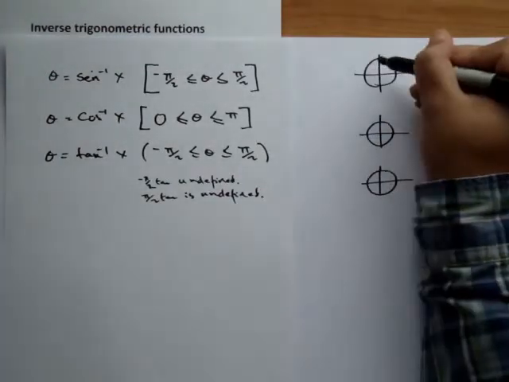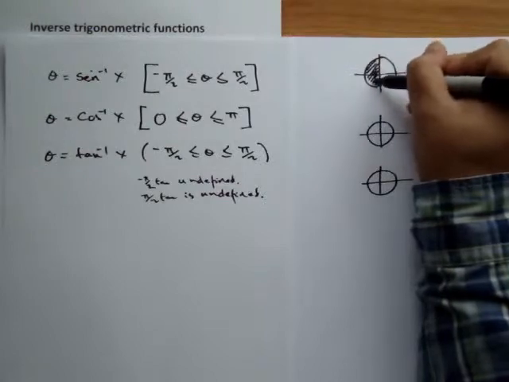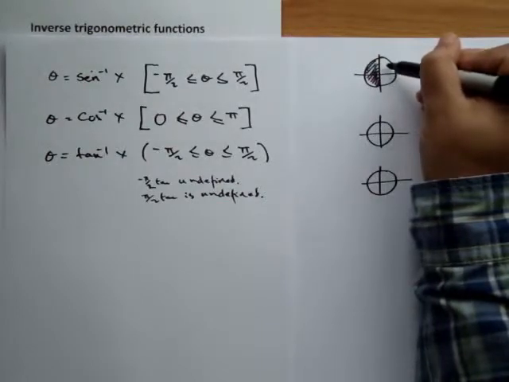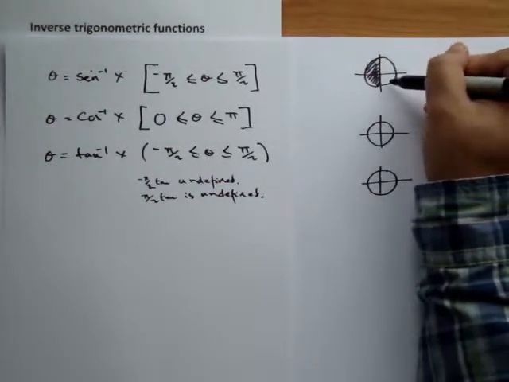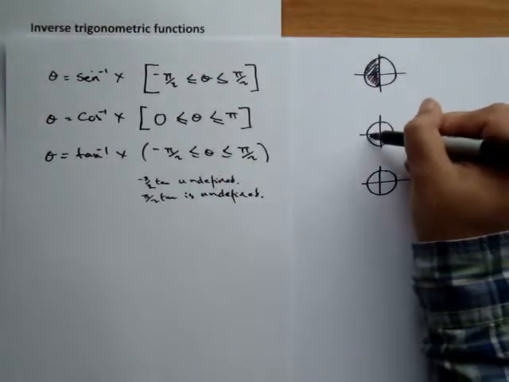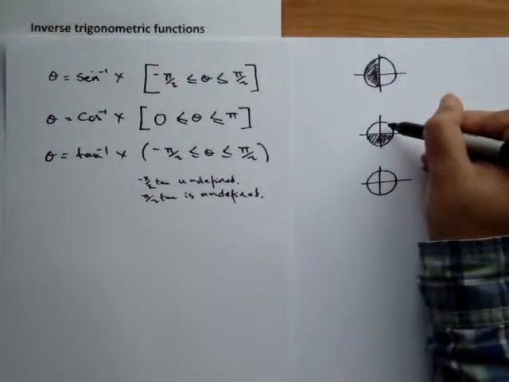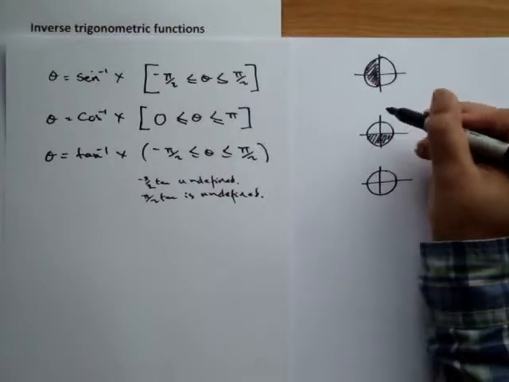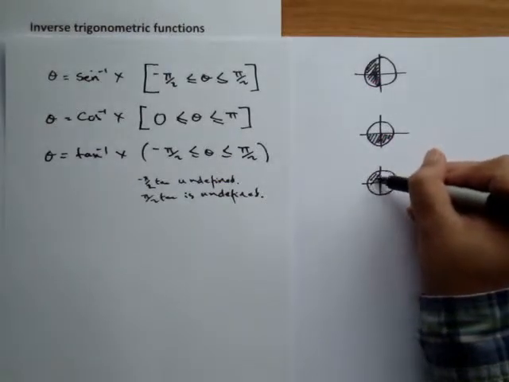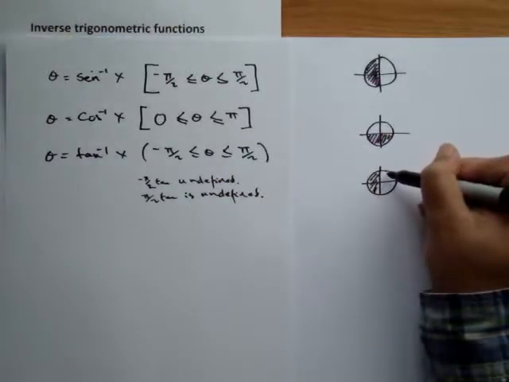So sine, we only consider the inverse to be in quadrants 1 and 4. Cos only in quadrants 1 and 2, and tan only in quadrants 1 and 4.